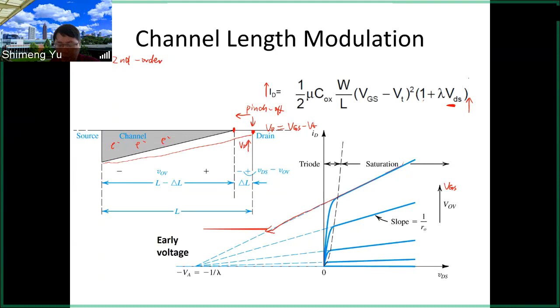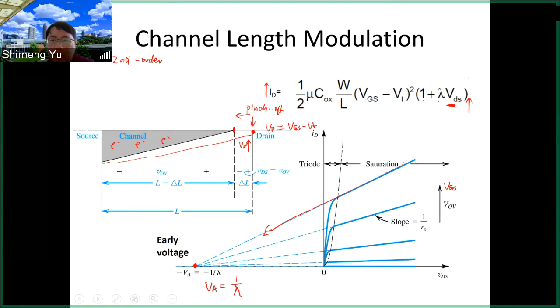Then all the curves will merge to one point. This point we call the Early voltage, VA. And this is actually 1 over lambda. The Early voltage VA is 1 over lambda. This is given by this equation.